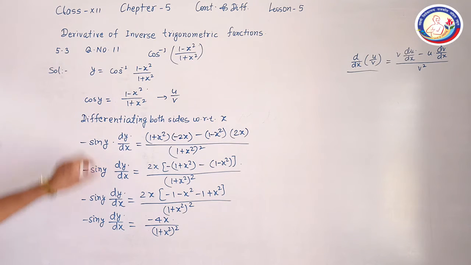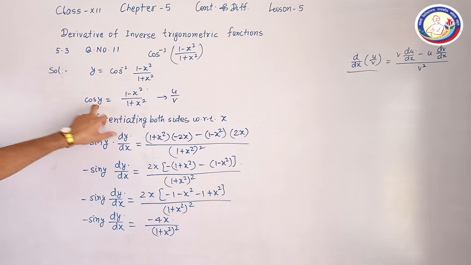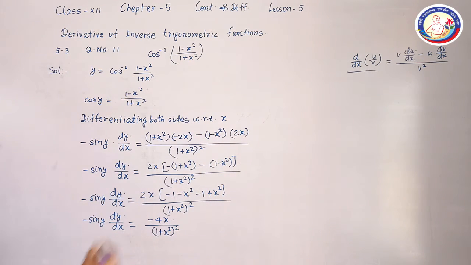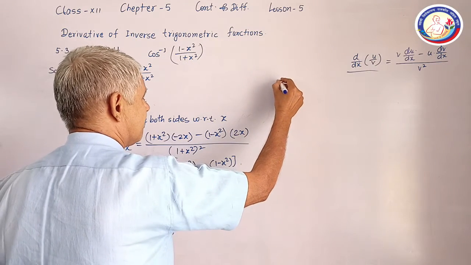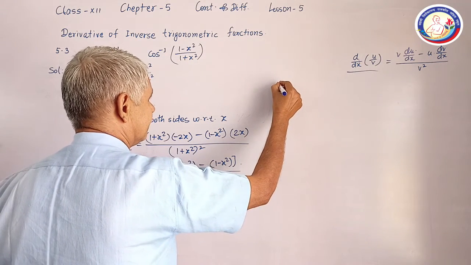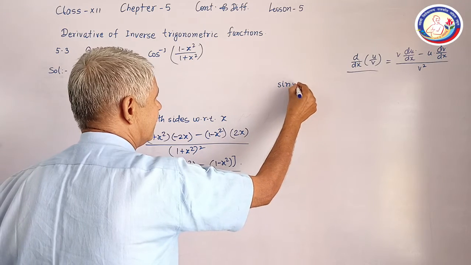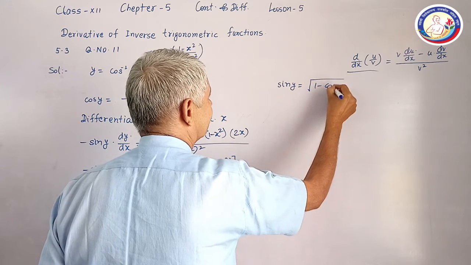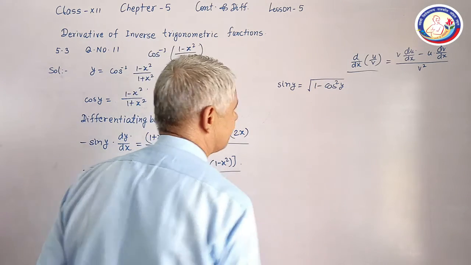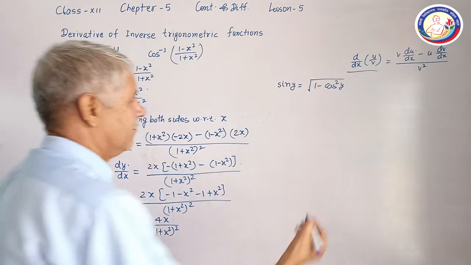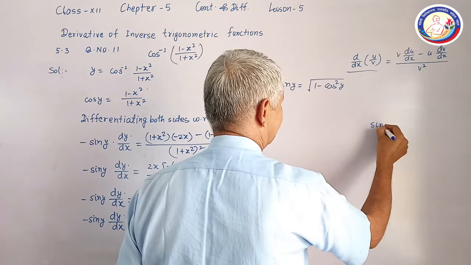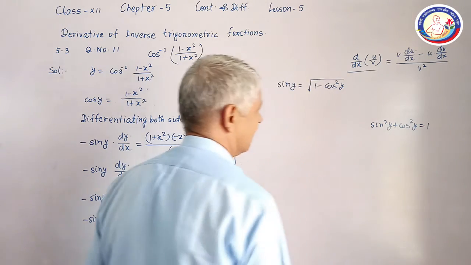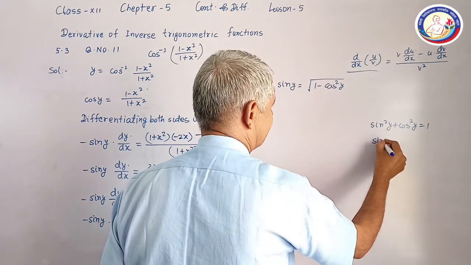We can find the value of sin y with this relation. Sin y is equal to square root of 1 minus cos square y. How? We know that sin square y plus cos square y is equal to 1. So what will be sin square y?